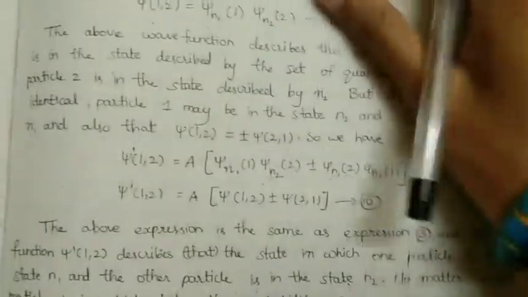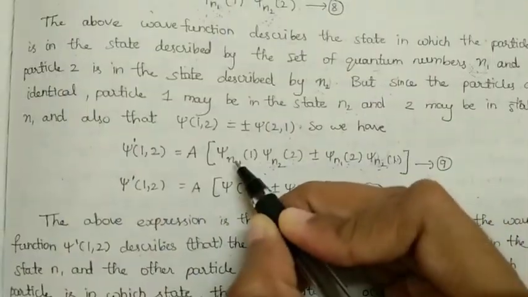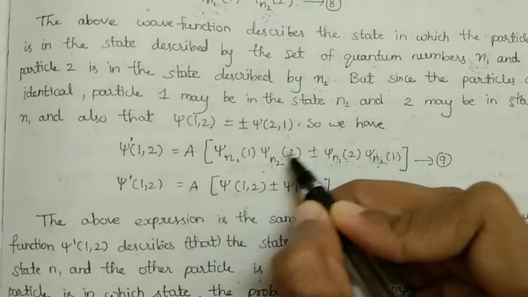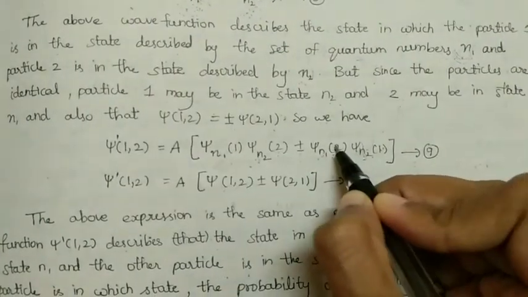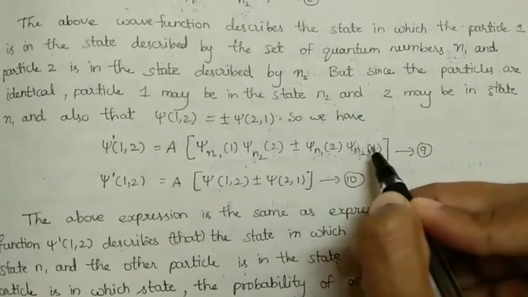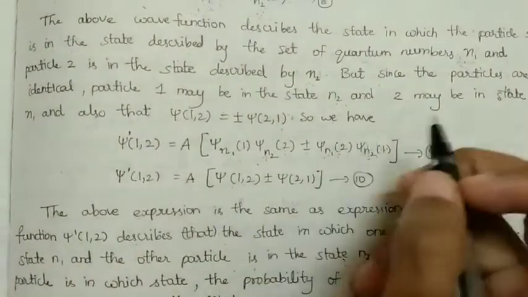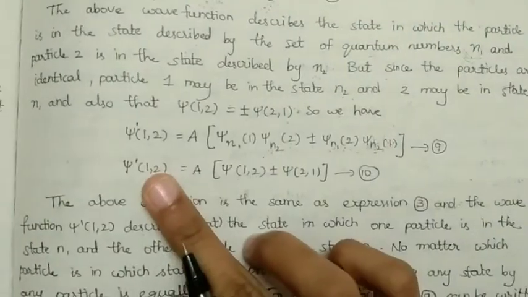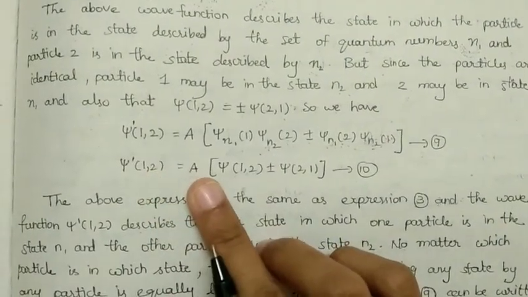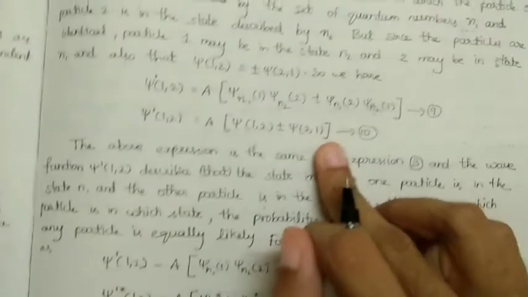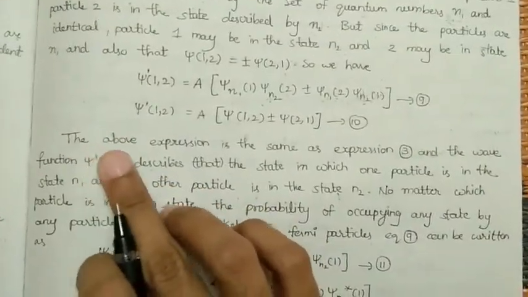What does this mean? Here the first particle is in the state n1 and the second particle is in the state n2, but there the second particle is in the state n1 and the first particle is in the state n2. Because they are identical, we cannot find any difference.